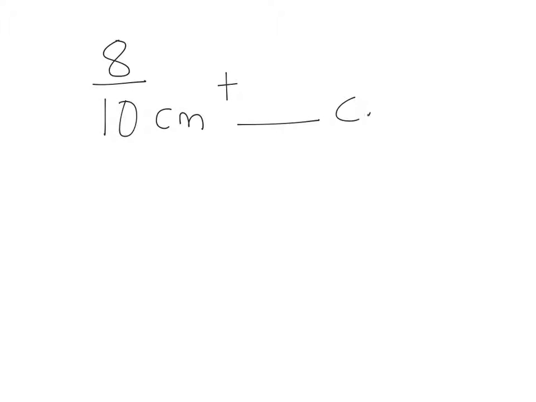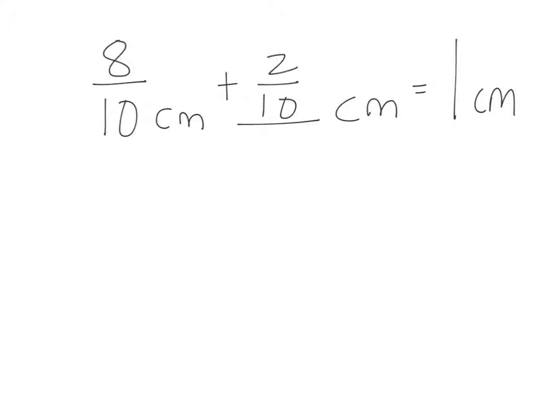The next thing we want to talk about is using our missing addend problems to figure out how many more to get to 1 whole. So here, if I have the fraction 8/10 centimeters plus some number of centimeters equals 1 whole centimeter, we would be able to figure that out. If we count up, we know that 10/10 centimeters would equal 1 whole. So if I already have 8/10, I would need 2/10 more centimeters in order to get to 1 whole centimeter.